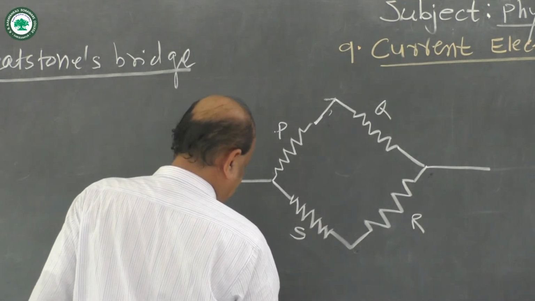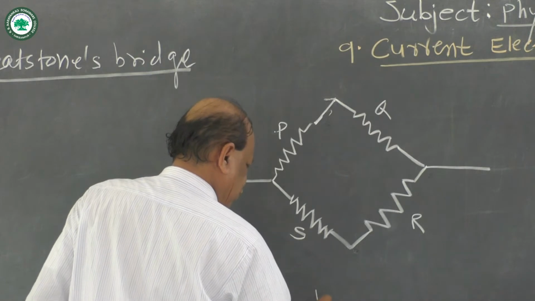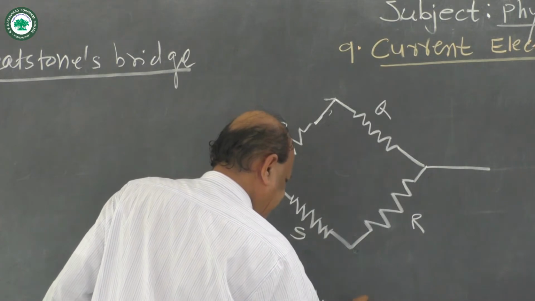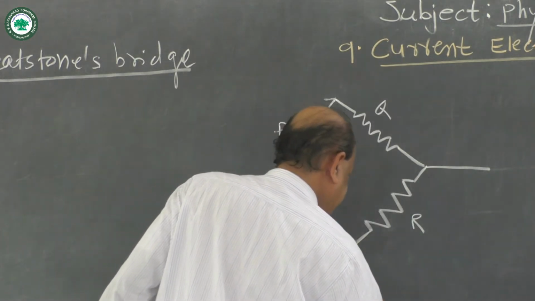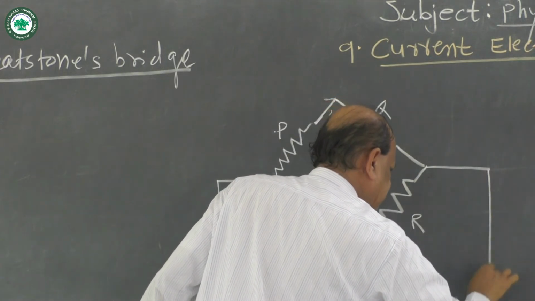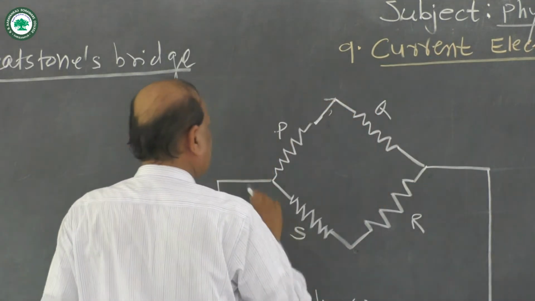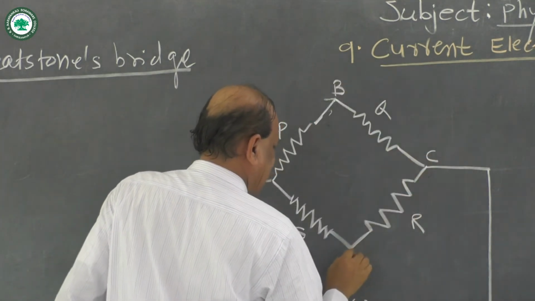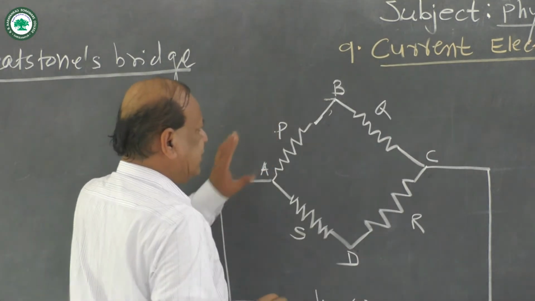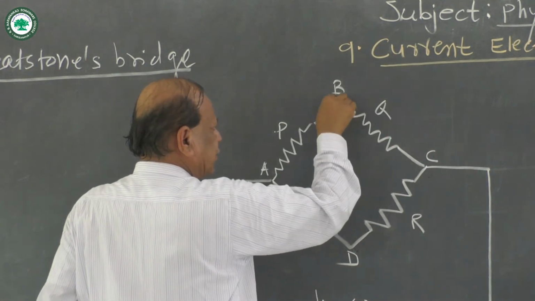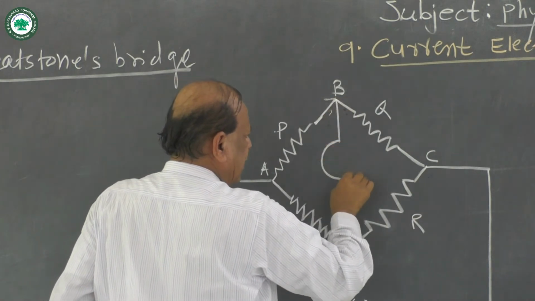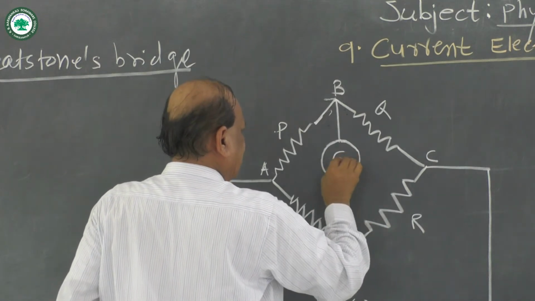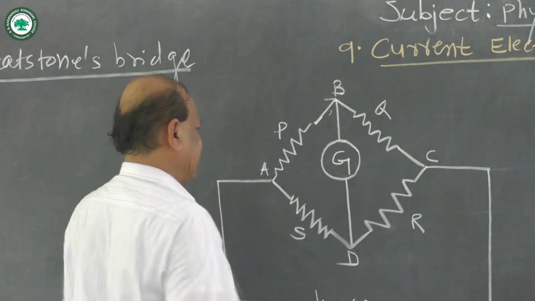Two junctions of the bridge are connected to a source of EMF E through this plug key. These are junctions A, B, C and D, and A, B, C, D forms a bridge. In between junction B and junction D, a galvanometer of resistance G is connected.